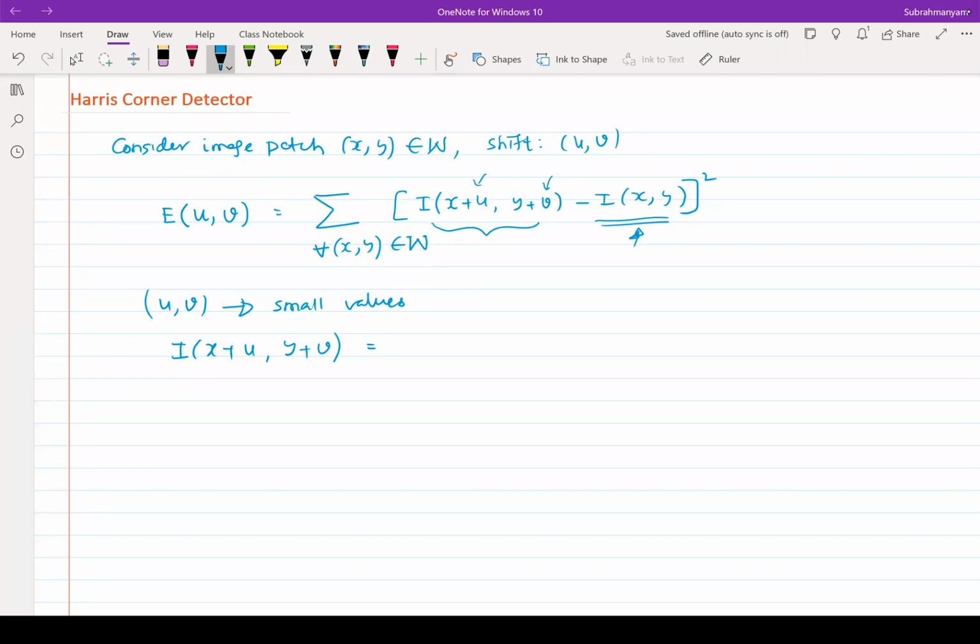Very good. So tell me now, how do you express it? These are very small displacements from the original position. At least the first term should be easy to say: I of x comma y. Excellent. You know it for 1D for sure.